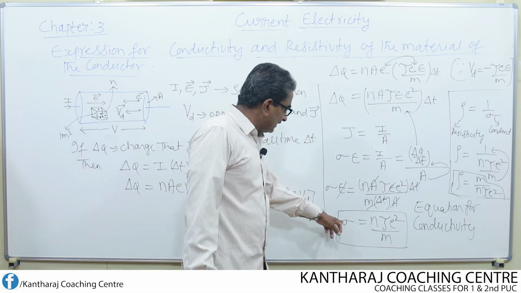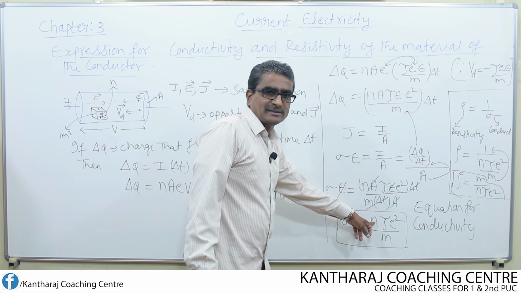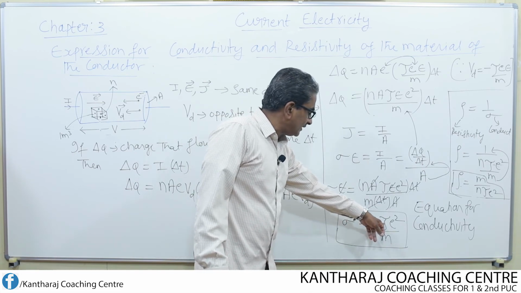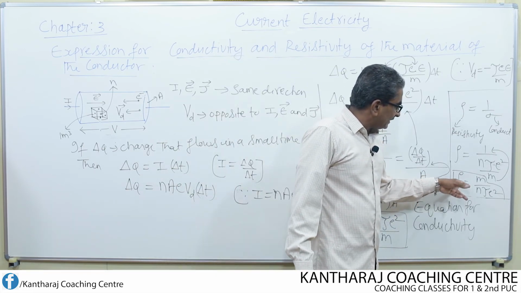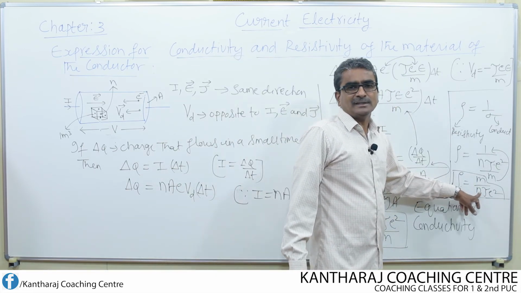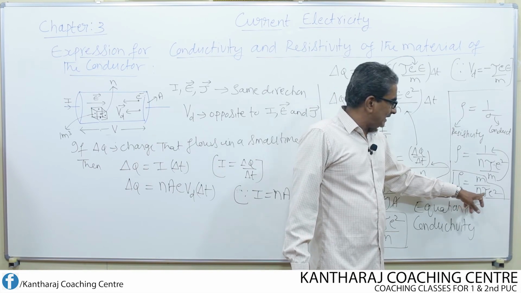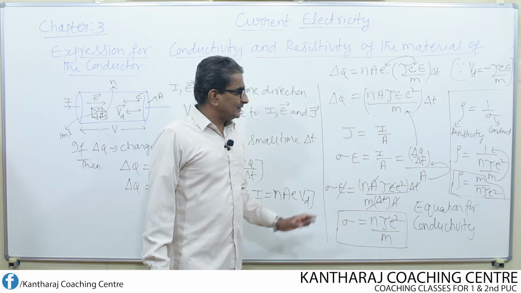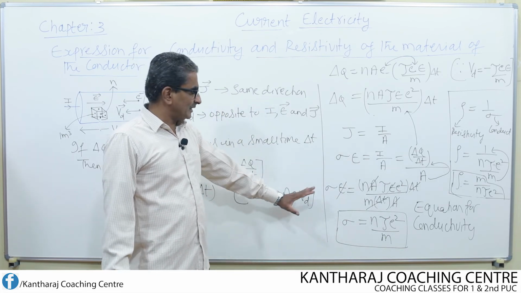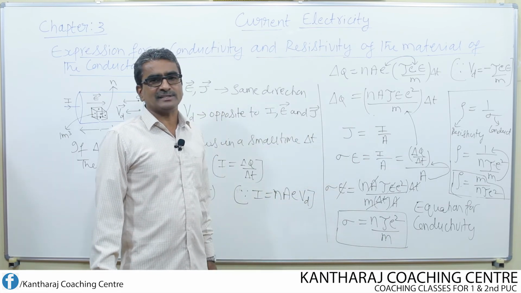So here conductivity is directly proportional to number density and directly proportional to relaxation time. Here resistivity is inversely proportional to number density and inversely proportional to relaxation time. So these are the two derivations, one with respect to conductivity and resistivity.